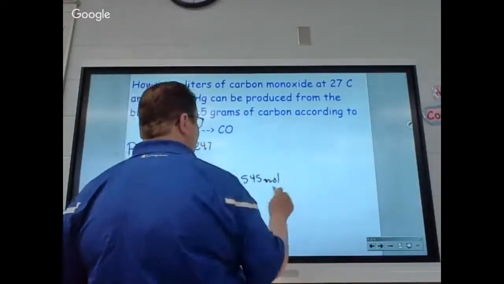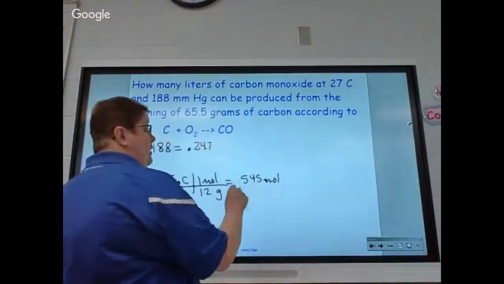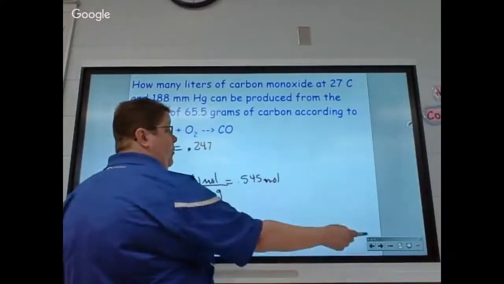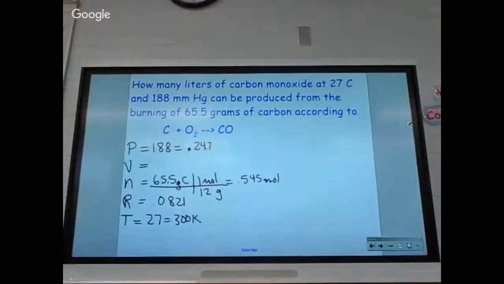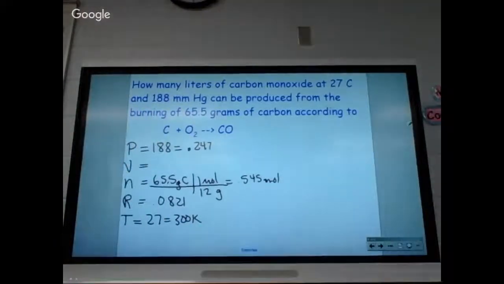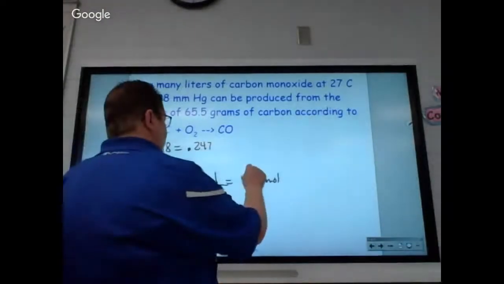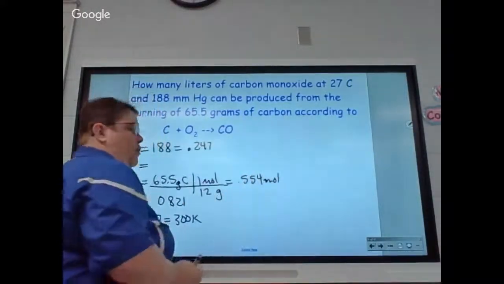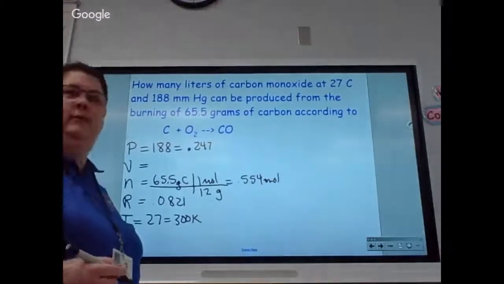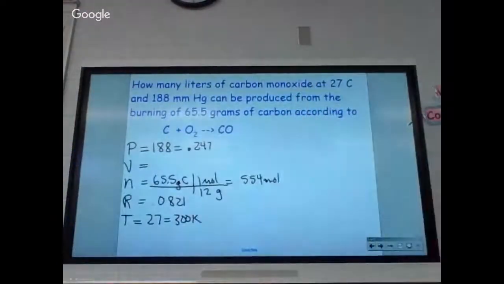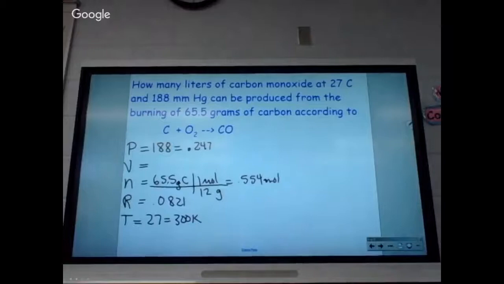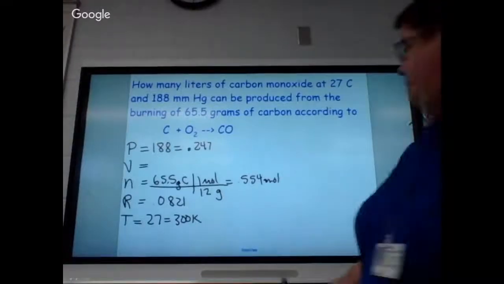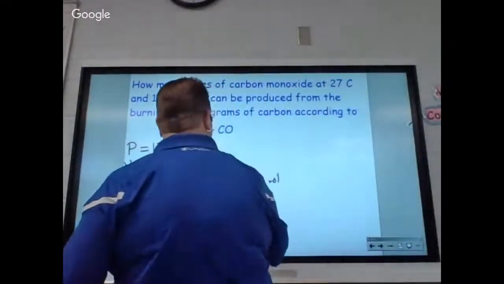Now, my best guess is, depending on how you rounded here, will determine what number you have at the end. I tend to take it out 3 places. You don't necessarily have to take it out 3 places. 5.54, that's what I got. 5.5. 5.6.